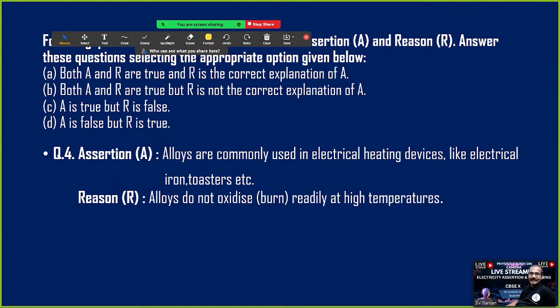When can we say that option A will be correct, what do we have to change in the reason? Alloys do not oxidize readily at higher temperatures. What is the meaning over here?